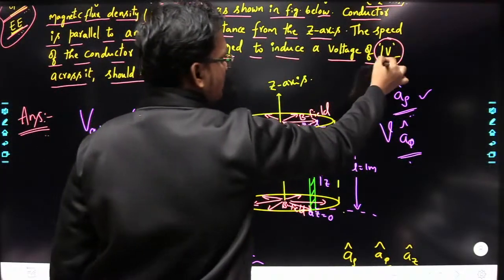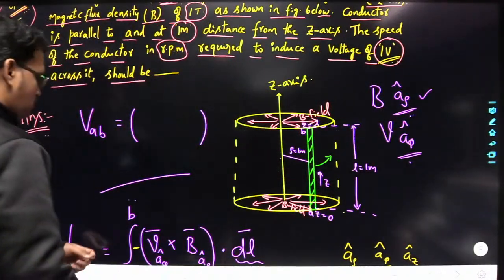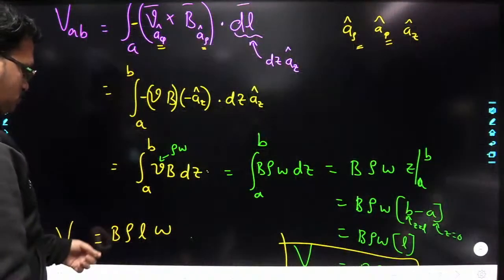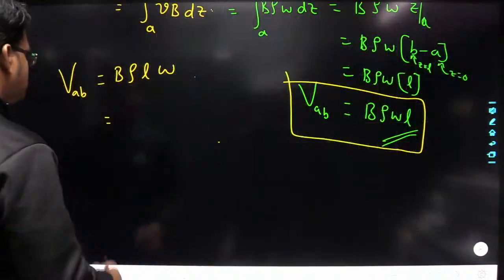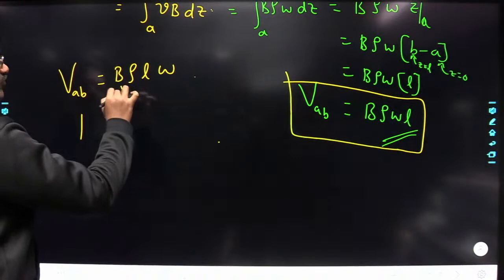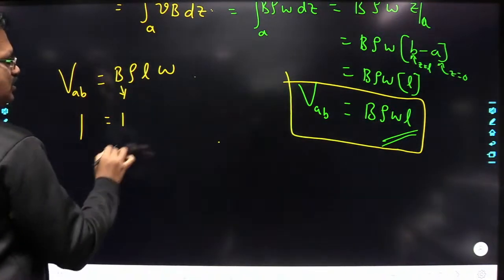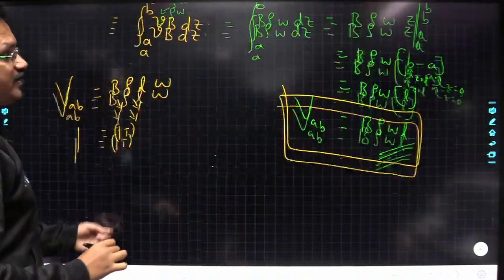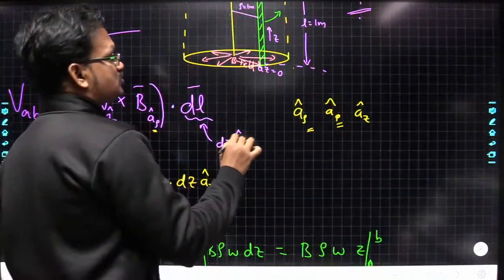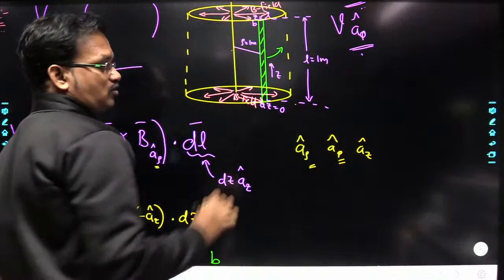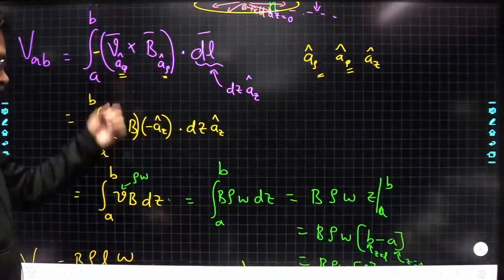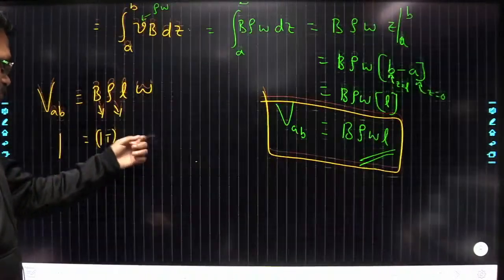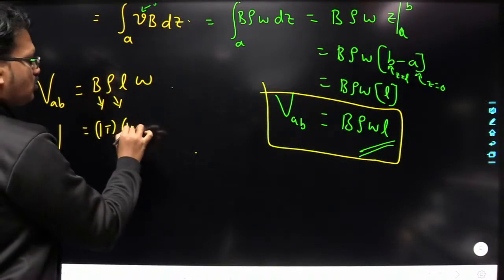It induces a voltage of 1 volt. So consider V_AB is equal to 1 volt, and the B field they have given as 1 Tesla. Rho, that is the radius here, they have given as 1 meter. So rho is equal to 1 meter.